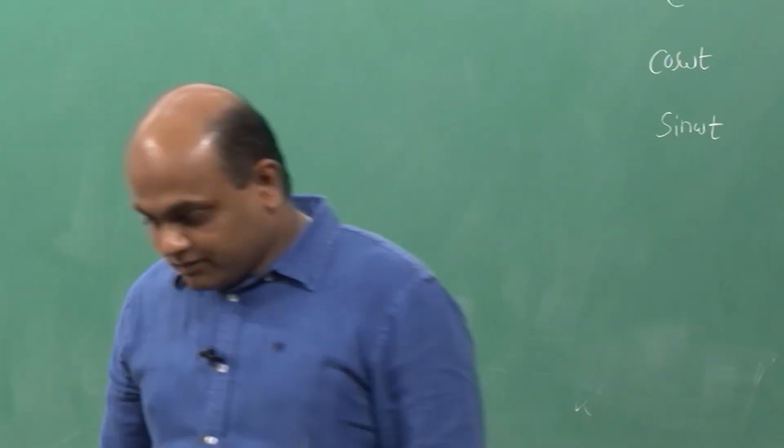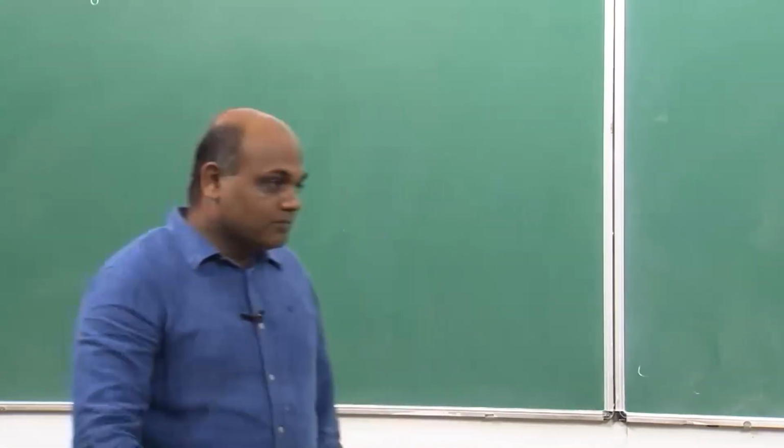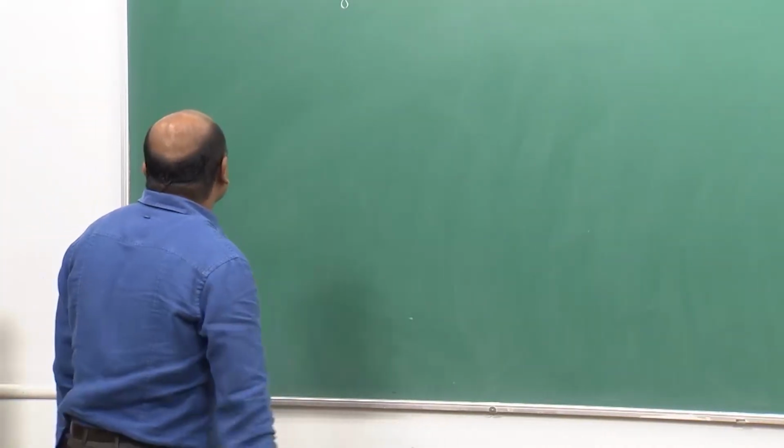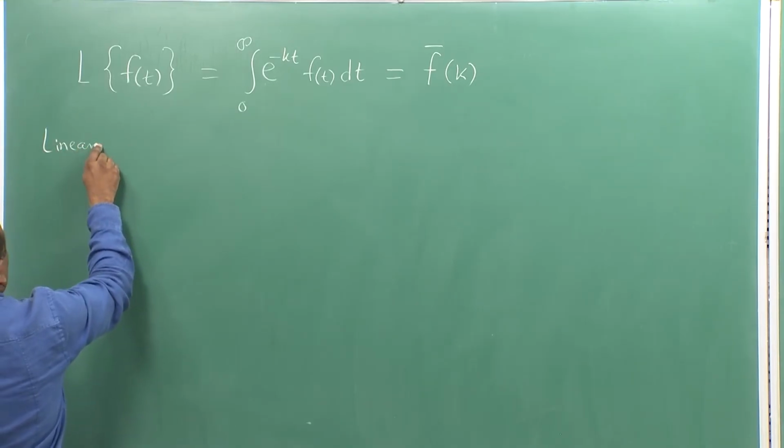Now, if we have to deal with complicated functions, then we need to look into more properties of Laplace transforms. A couple of them are, one is the linearity property.